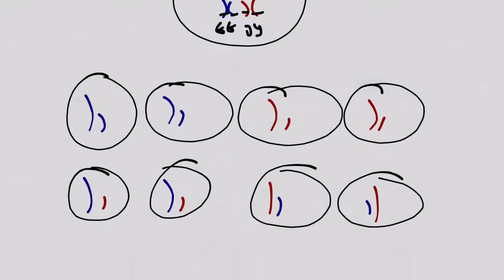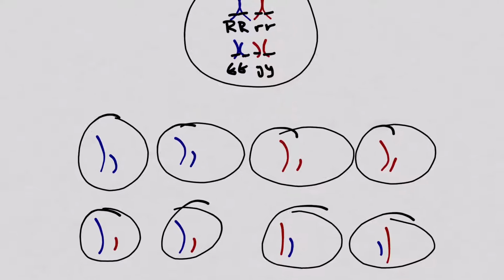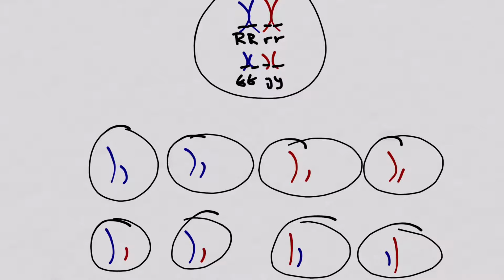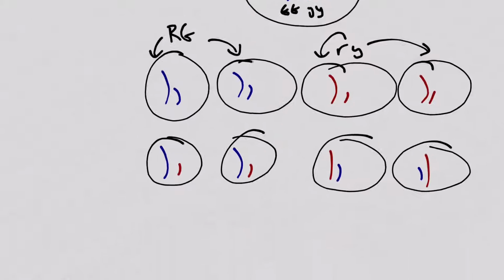Looking at all of the gametes that are possibly produced, we can either have a sperm that contains the big R gene with the big G green gene, and that's both of these. Or we can have the little r gene with the little g gene, and that's both of these.